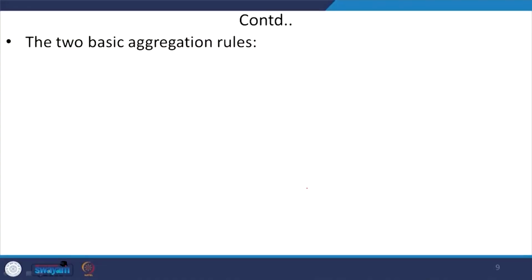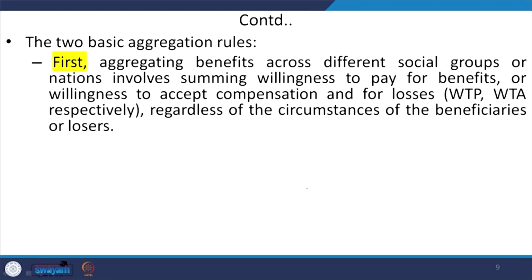Because of this understanding of social costs and social benefits, in cost benefit analysis we also have two basic aggregation rules: how to find the social cost and how to find the social benefits, because we are following the aggregation rule.